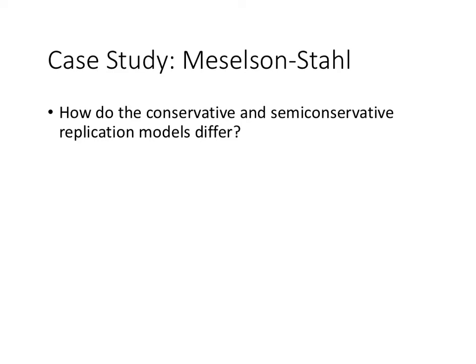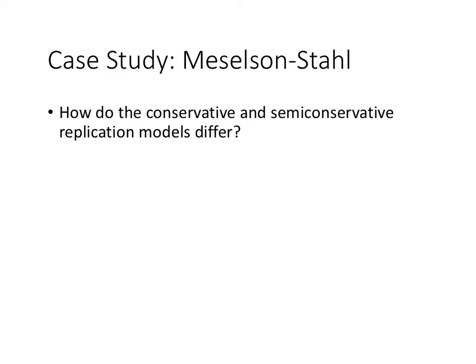Okay, so that's sort of the introduction to replication, why it's important and the opposing forces. We need to have replication of DNA act quickly, but also accurately. Now, Meselson and Stahl. When they did this experiment, there were generally three different ideas about how DNA might replicate.